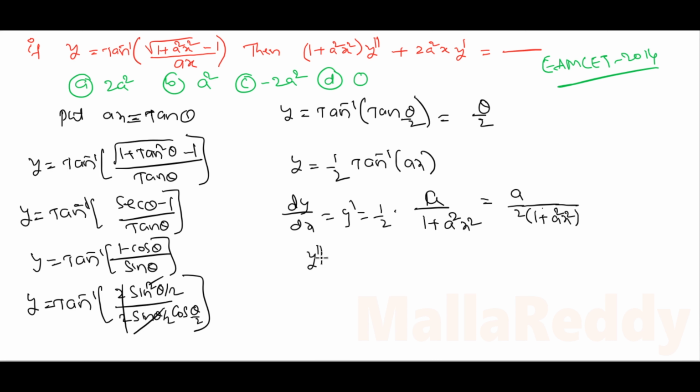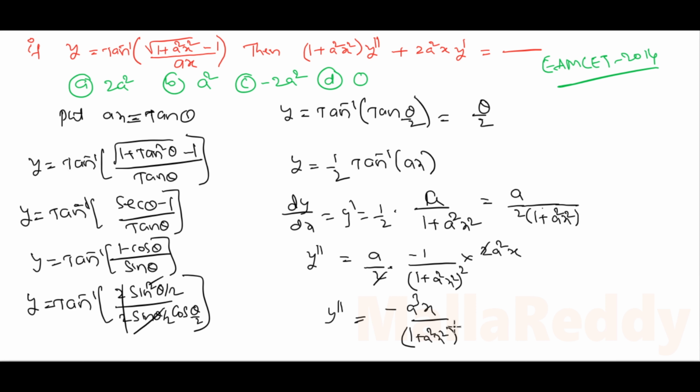The derivative of y dash, that is y double dash, is equal to a by 2 constant, the derivative of 1 by u is minus 1 by 1 plus a square x square whole square, into the derivative of a square x square, which is 2a square x. So y double dash is equal to, here 2 cancels, a into a square, that is minus a cube x by 1 plus a square x square whole square.